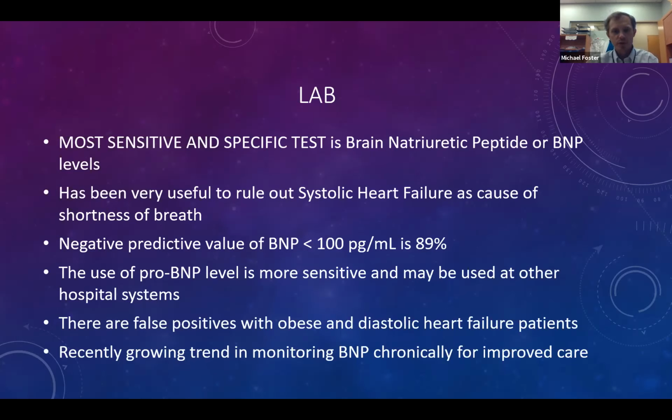A patient with significant systolic heart failure should have a very elevated BNP, sometimes within thousands range. And a negative predictive value for BNP of less than 100 is quite good at 89%, which means you can reliably tell the patient that this is not coming from your heart and move on to other organ systems such as the lungs and the possible thyroid, things of that nature.